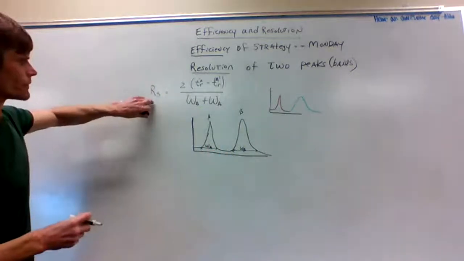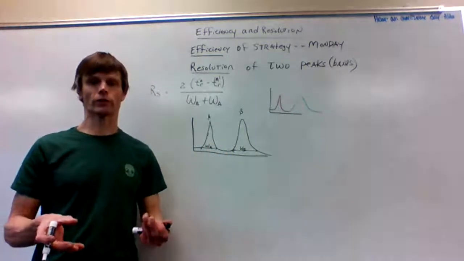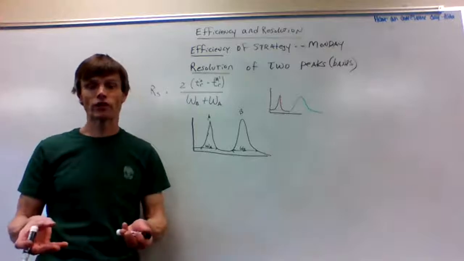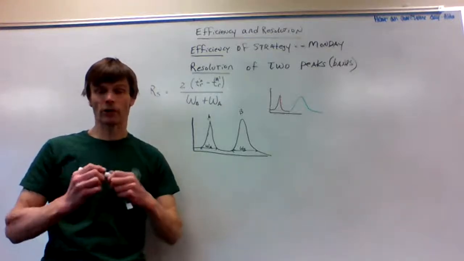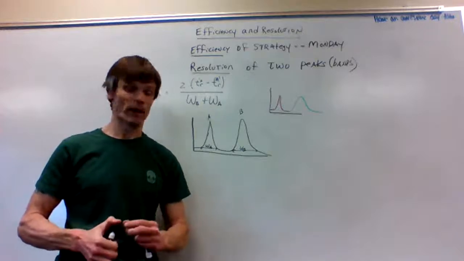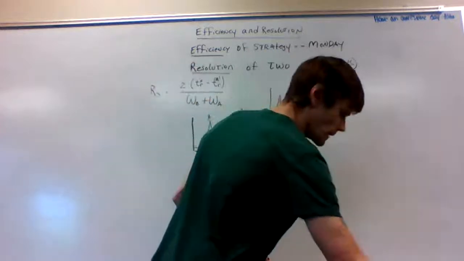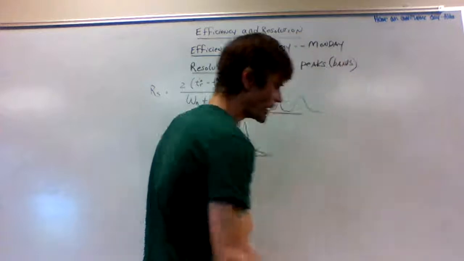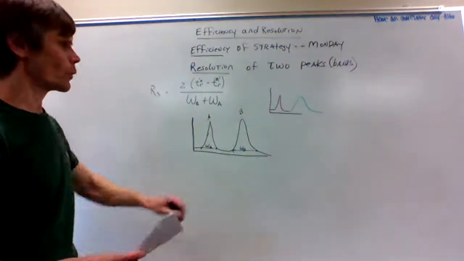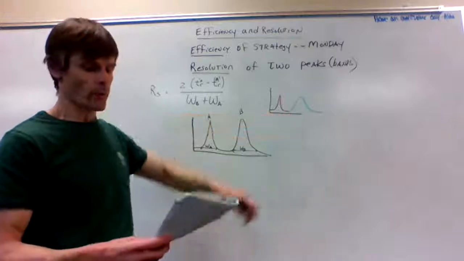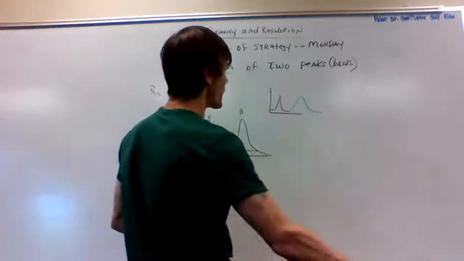And we use this definition of resolution to give us some information about how well we've resolved two peaks in a chromatographic separation strategy. And normally what we want is what's called baseline resolution, and we want a number to that.